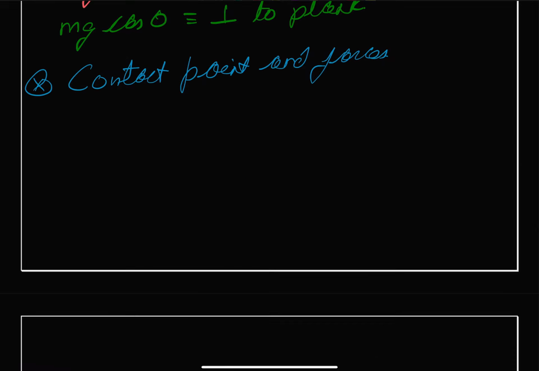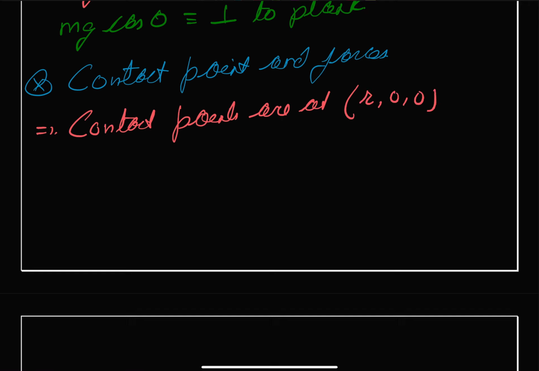So we can say that our contact points are at r, 0, 0 and minus r, 0, 0.